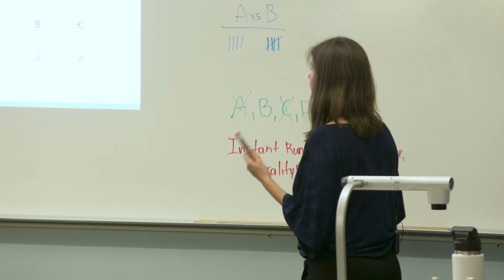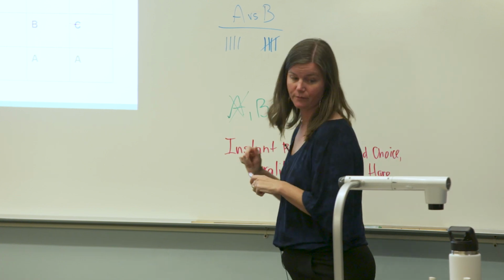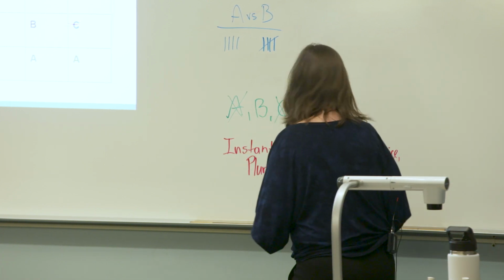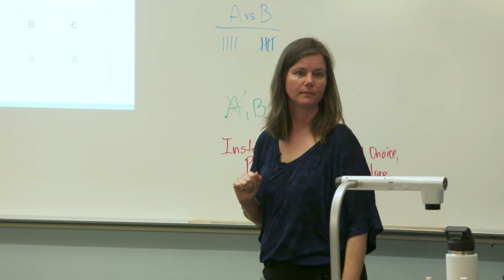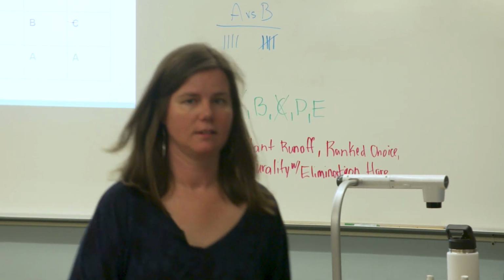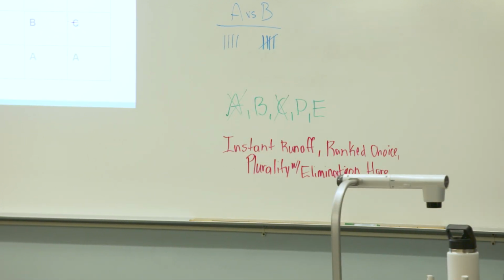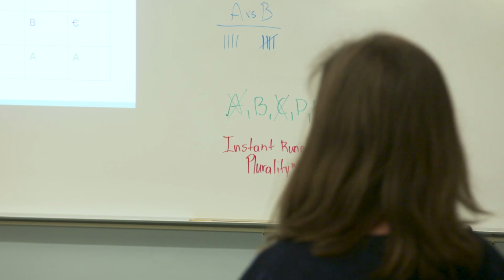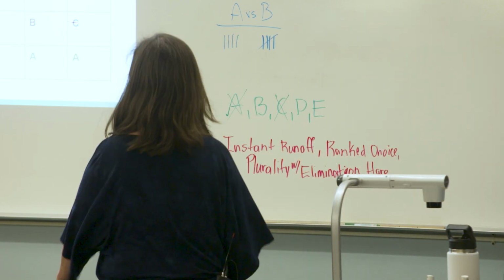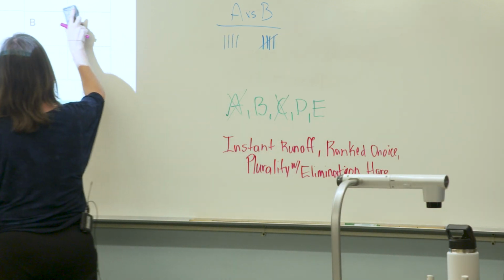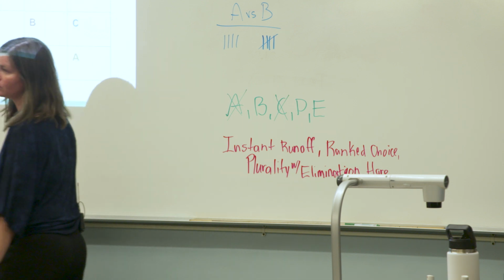Coombs' method says look at the last place votes. Is there no eraser in here? There's one over here. Thanks. So I'm gonna eliminate based on the most last place votes. So in this case, who would that be?